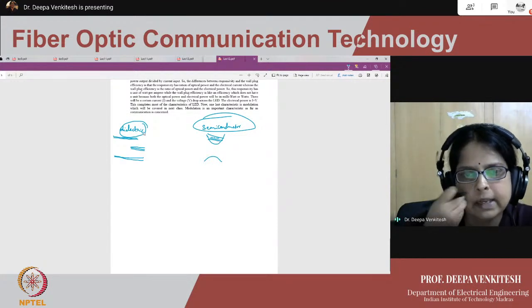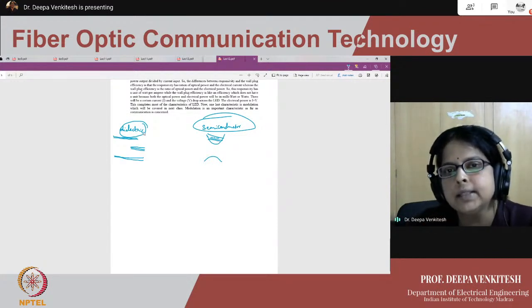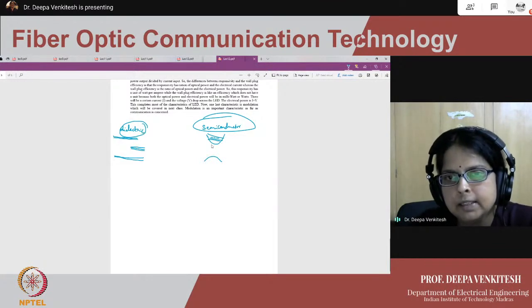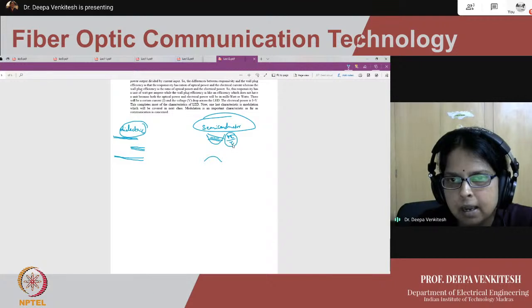What decides the efficiency of emission? It is decided by the number of ions. Let's say if you take the spontaneous emission rate, it is n divided by tau, where tau is the lifetime in the excited state. So as far as efficiency goes, it is just decided by the carrier concentration and tau here.